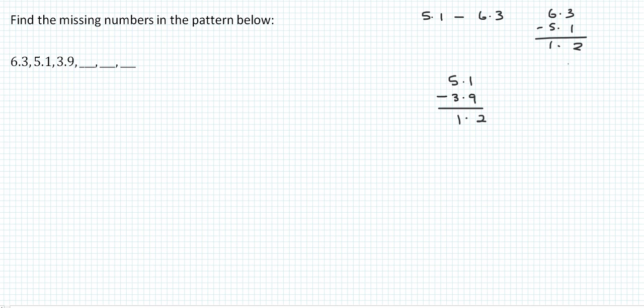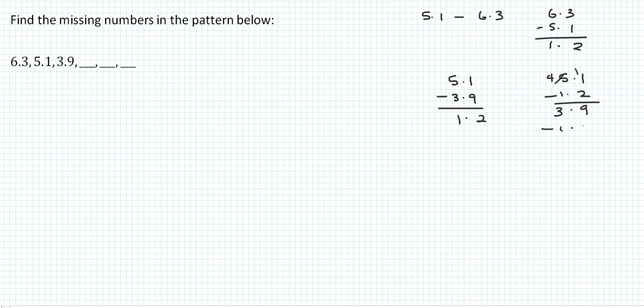So now, ideally, what we're going to do is we have a negative 1.2. So that means we're going to keep subtracting. So 5.1 minus 1.2, just like we did here. This is 3.9.